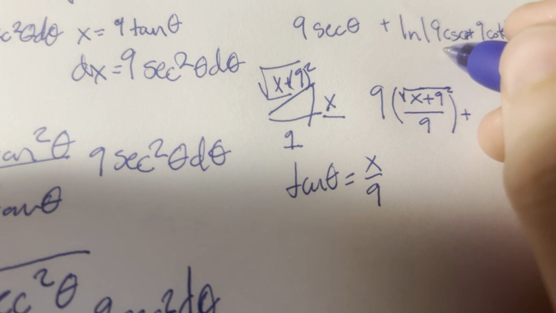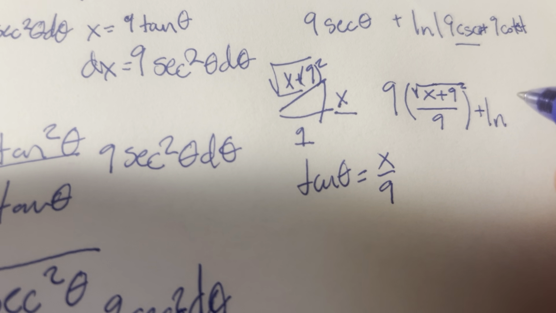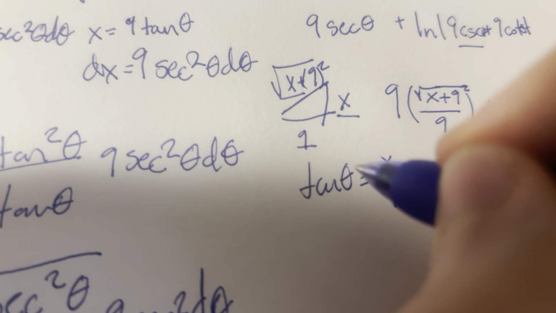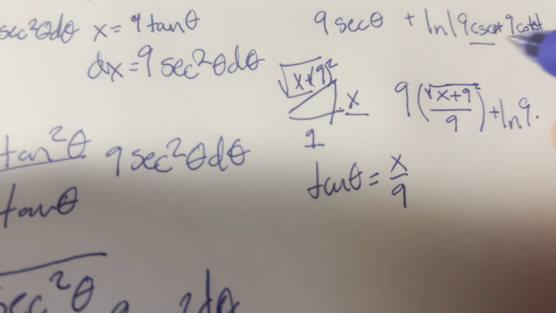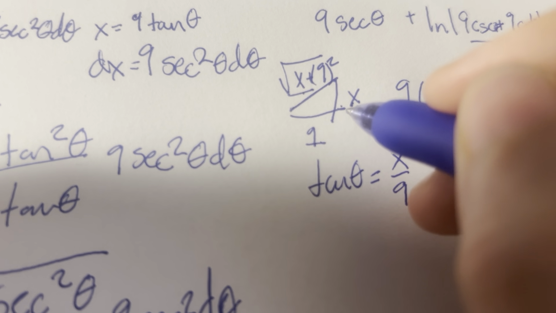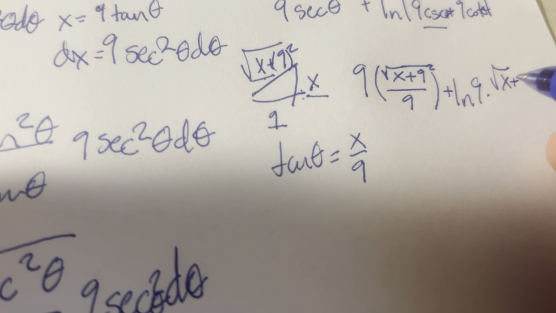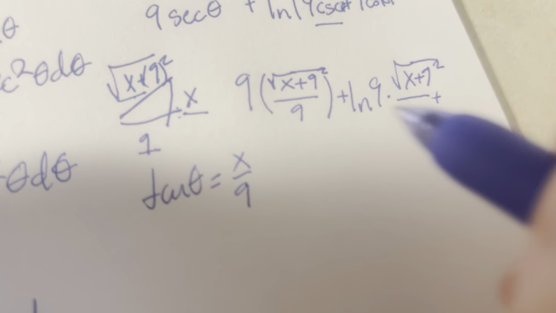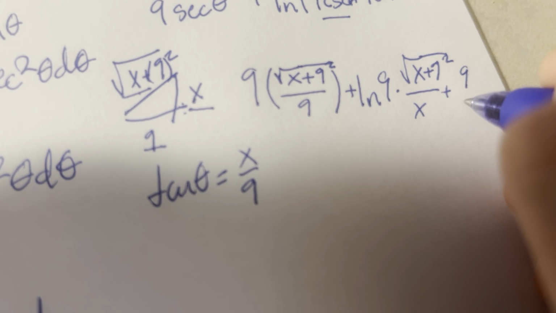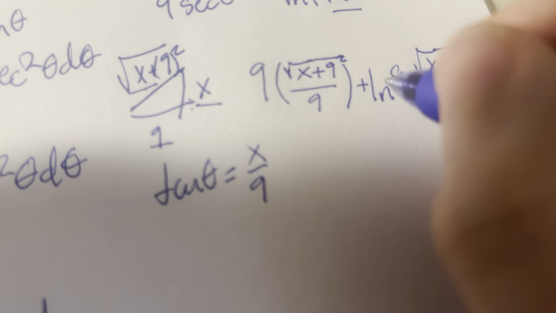plus the ln of 9 times our cosecant, which is our hypotenuse over our opposite, so the square root of x squared plus 9 squared over x, plus our cotangent, which is just our adjacent over our opposite, which would be 9 over x.